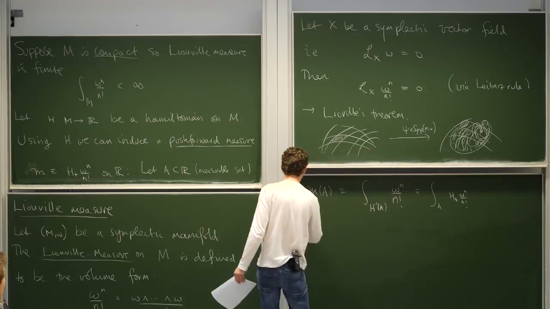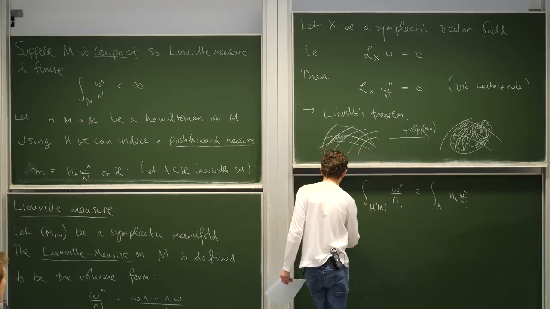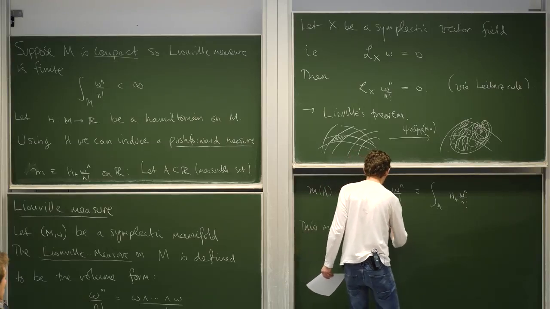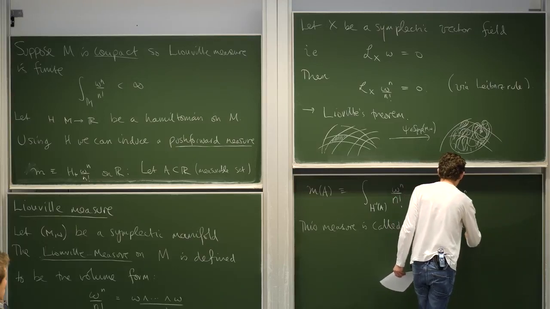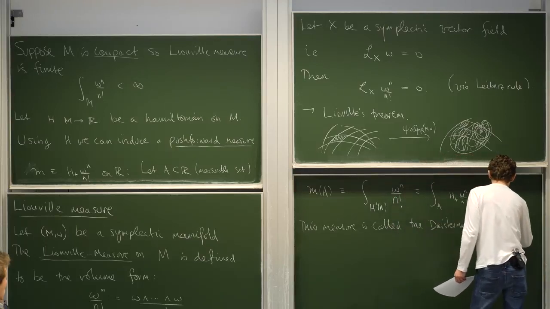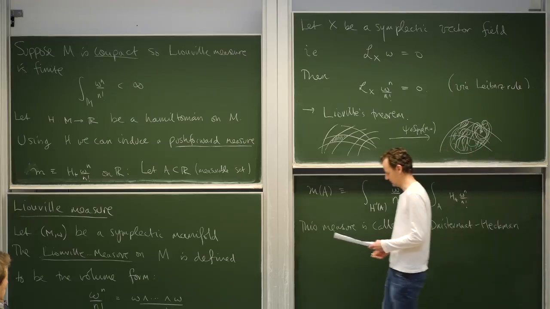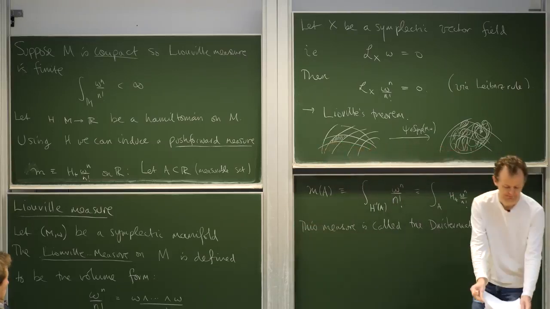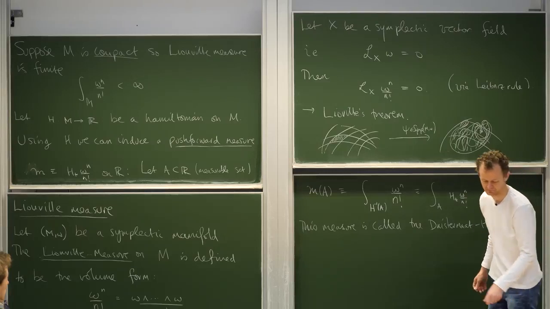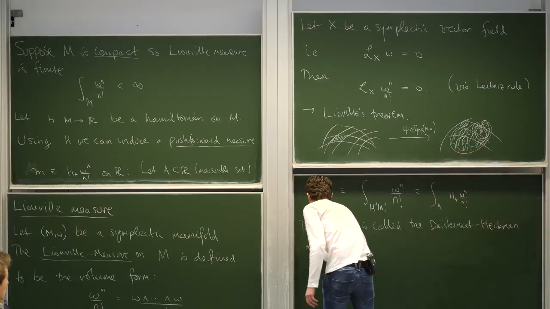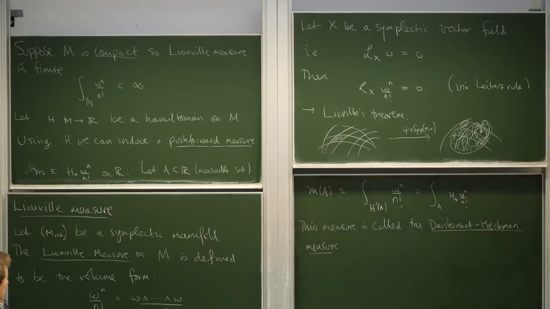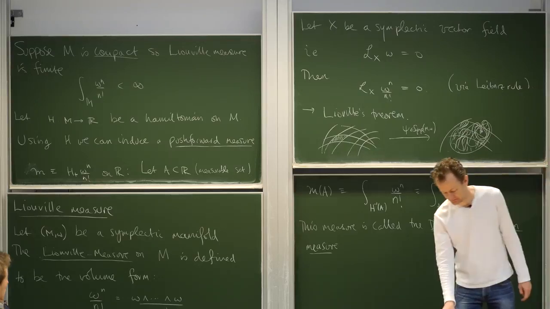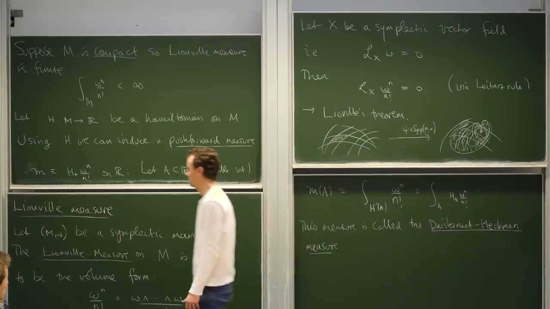This measure's got a name. It's called the Duistermaat-Heckman measure. Now the Fourier transform of the Duistermaat-Heckman measure is a very interesting object indeed. It's got to do with path integrals.